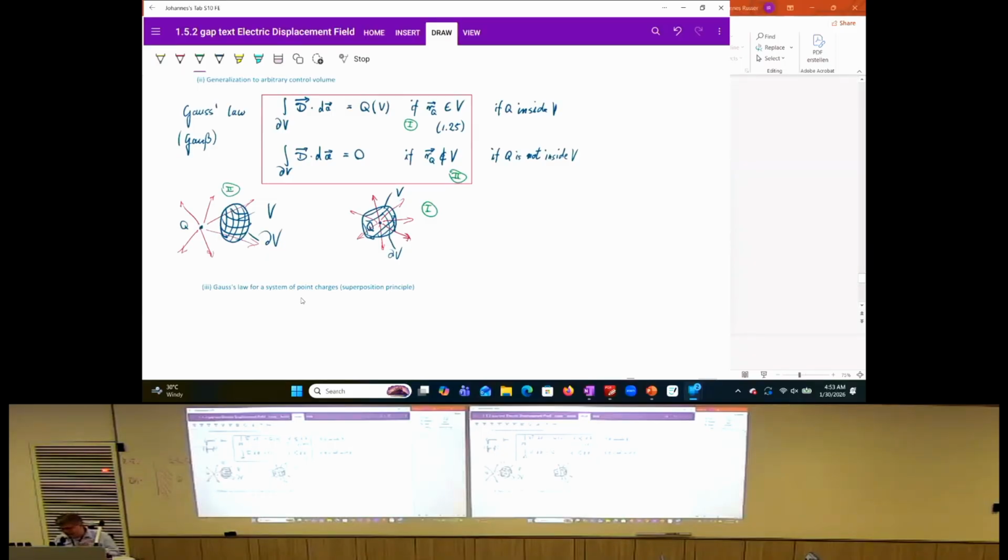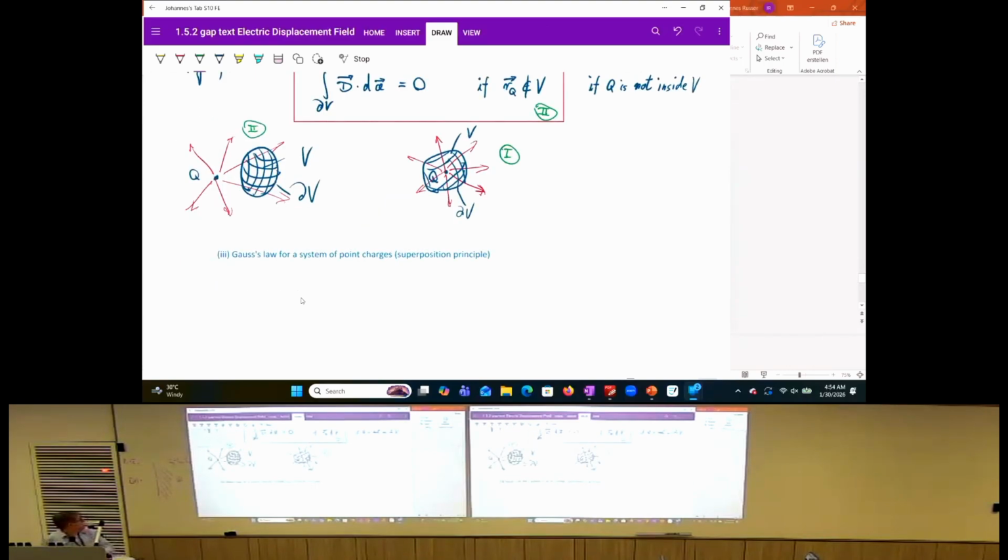So now you also probably can start to appreciate the advantage of having introduced this displacement field, because this integration you have to do over the displacement field, not over the electric field. To apply Gauss' law, you do that on the D field, not on the E field. Because you could see that this is not working on the E field.